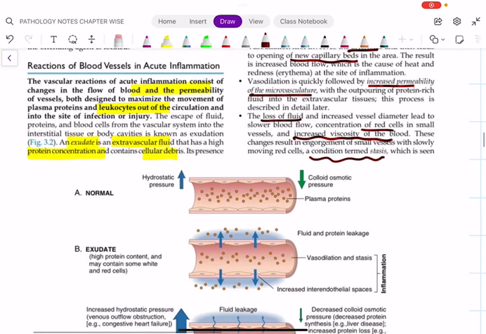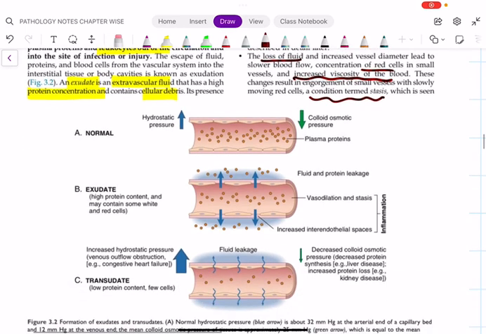See, this is normal. Normally there will be increased hydrostatic pressure and decreased colloidal osmotic pressure. In exudate, there will be vasodilation, stasis, and fluid and protein leakage, which indicates inflammation. In transudation, there is decreased colloidal osmotic pressure. It doesn't mean there is inflammation. That means transudate is not an indicator of an inflammatory response.